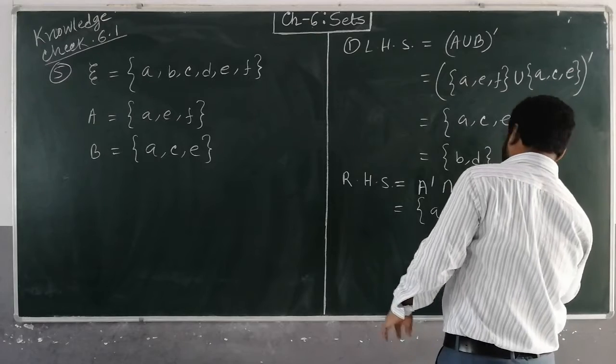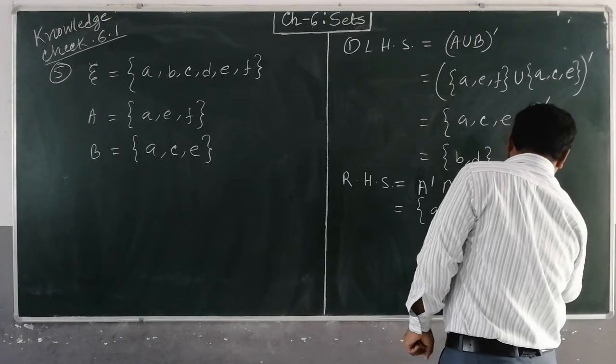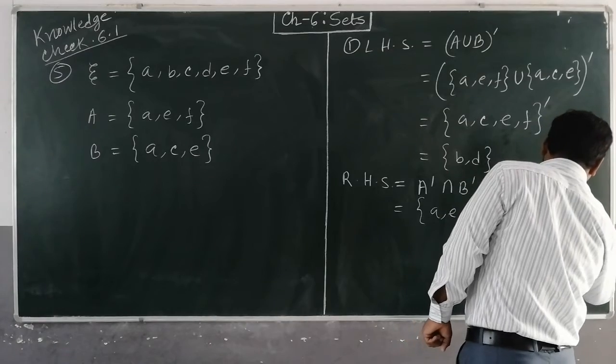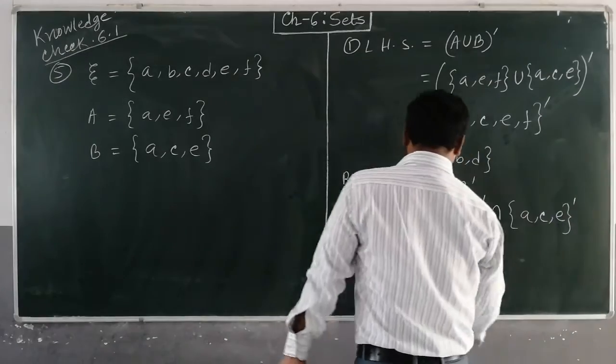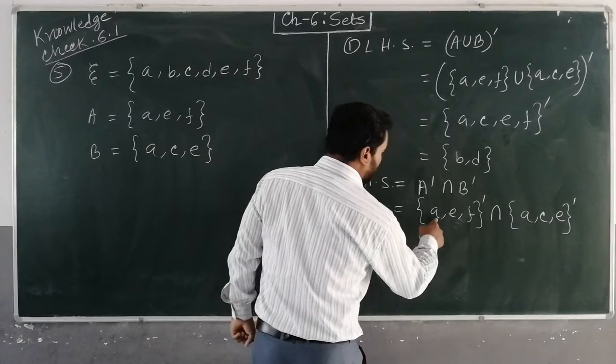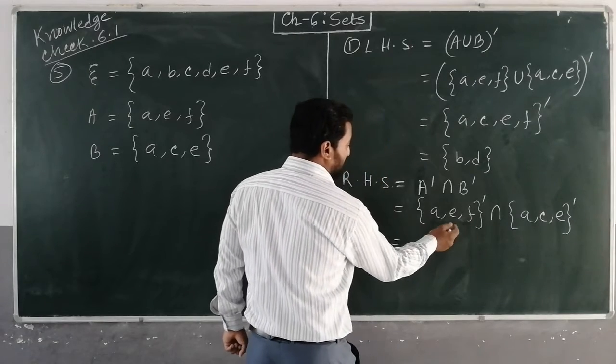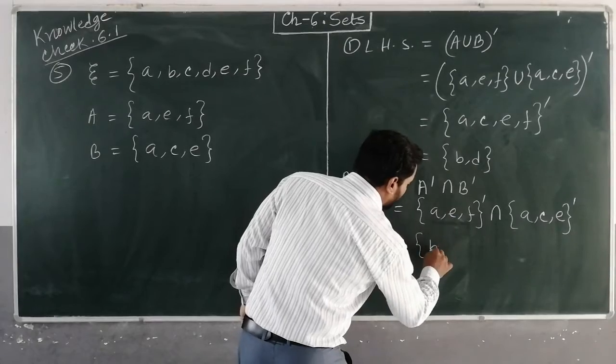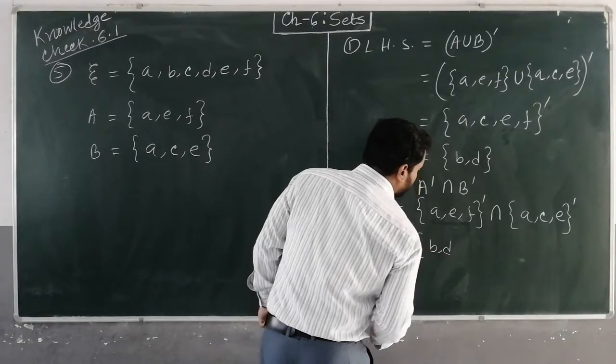B is the set {a, c, e} complement. Okay, so that is equals to complement of this set. Complement of this set means except these three elements, b will be there, d will be there.